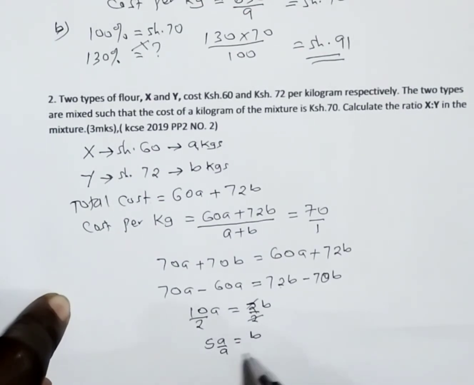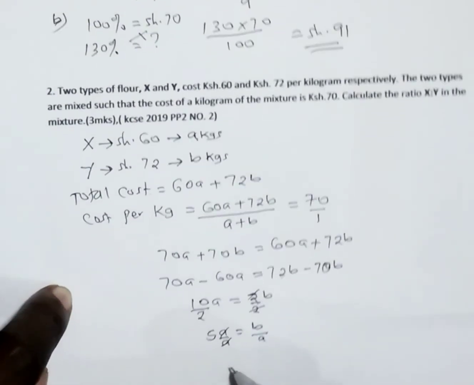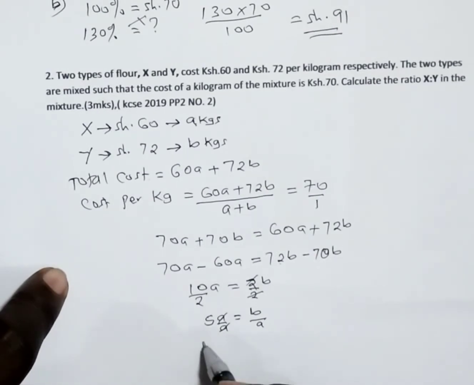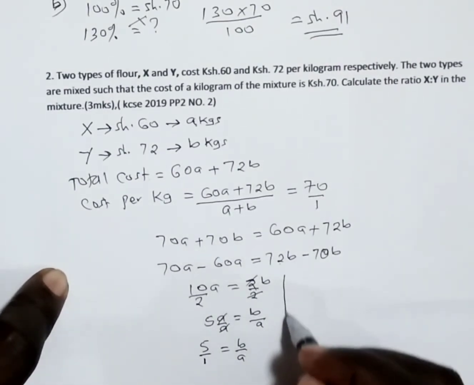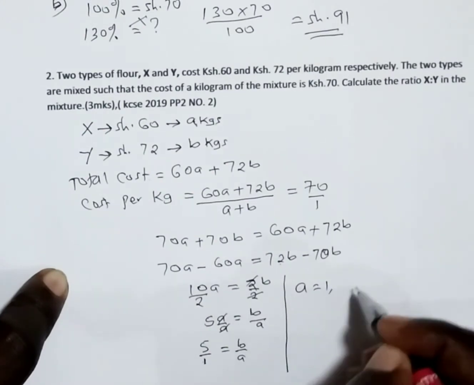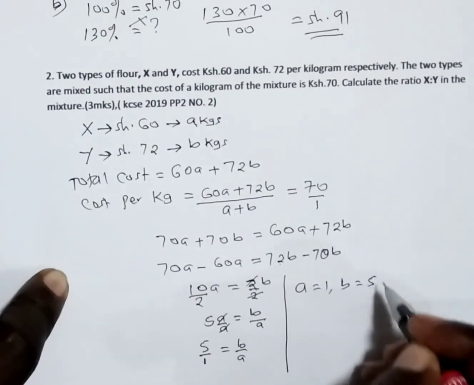Then if we divide by A on both sides, such that we separate letters from the numbers, A and A will cancel, such that now we have 5 over 1 being equal to B divided by A. In this case, A is 1 and B is 5.